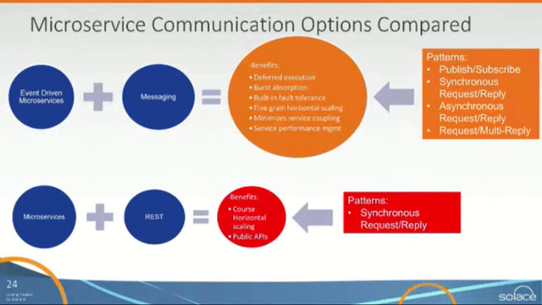And the fact that this red circle has very few benefits is largely due to only being able to make use of a synchronous request reply and the fact that a lot of organizations implement this in a very coupled way.